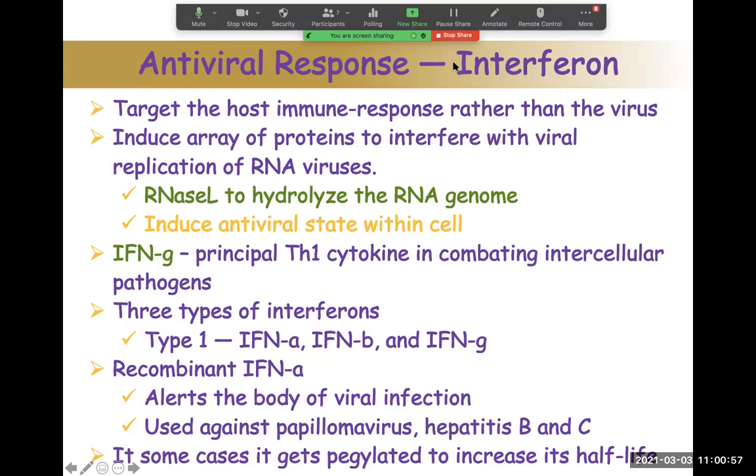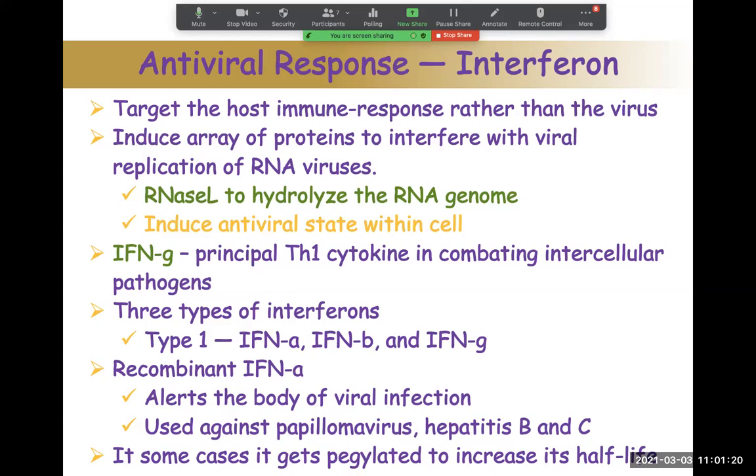One of the things I want to make sure you know about is interferon, right? Interferon as a drug. If you've done the MCB, interferon is very much part of the host immune response. It's a cytokine that is responsible for telling the host cell that it's being infected.